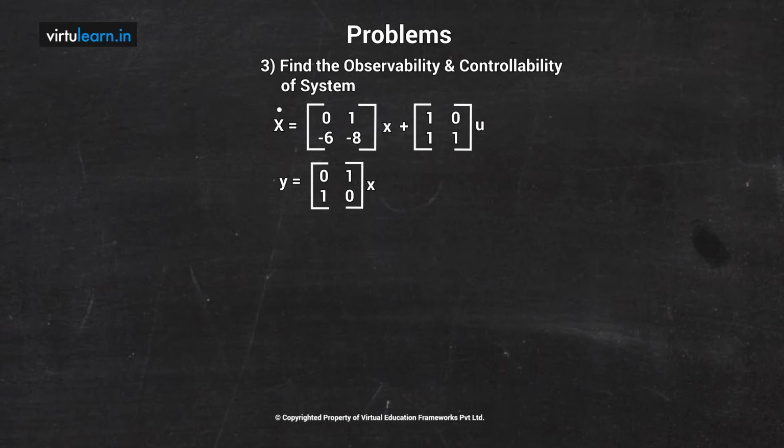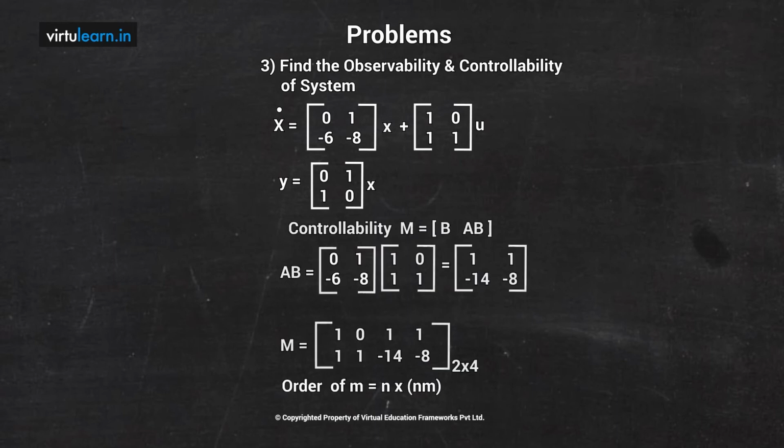In this particular system, my B matrix is not a column vector, so it is a matrix [1 0; 1 1], which means the inputs are more than 1. In this case 2 inputs are there. Similarly the output matrix also has [0 1; 1 0], which means we have more than one output. So this is an example of a multi-input and multi-output system.